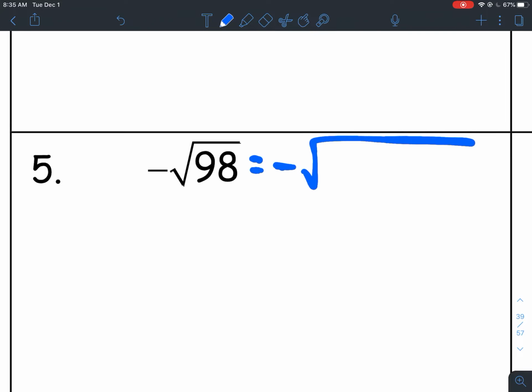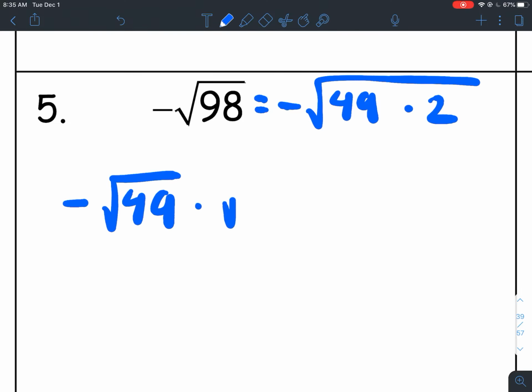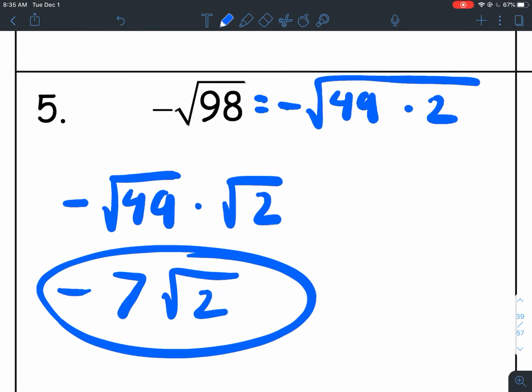I'm going to want to break down 98 into 49 and 2. So we've got our negative out in front. We've got root 49 times root 2. Well, root 49 is equal to 7. So our answer is going to be negative 7 root 2.